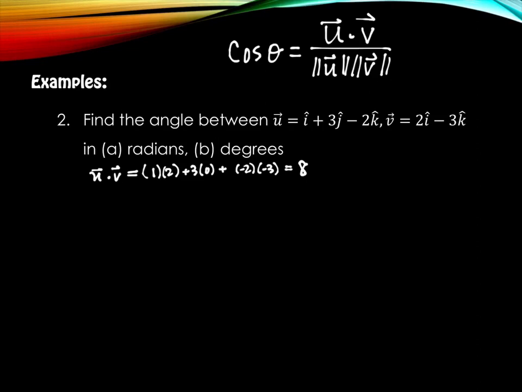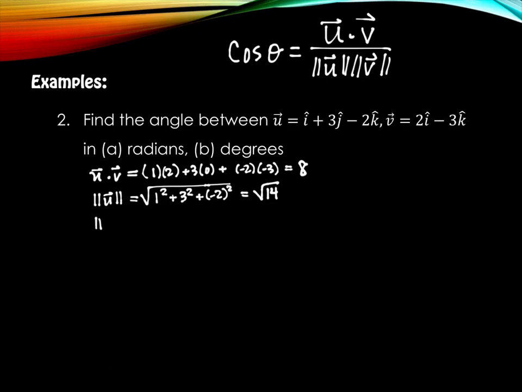All right, I also need to find the magnitude of u, and in a moment the magnitude of v. So the magnitude of u, and it's not the magnitude of u squared here, it's the magnitude of u, which means it has the square root on it, right, from before. So we need each of the u values squared. So we have 1 squared, 3 squared, and negative 2 squared. Apparently when I was making this lesson, 14 was a favorite number.